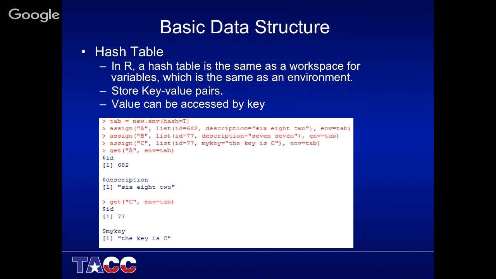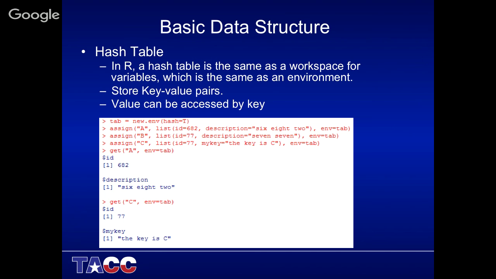The other thing is hash table, and you could use this to specify an environment. A hash table is basically a list of key value pairs, and the value can be accessed via the key.